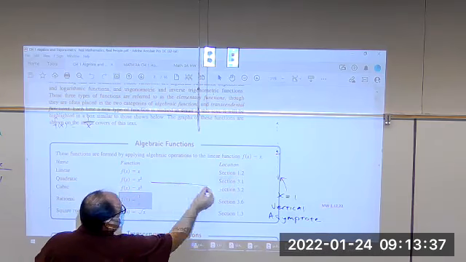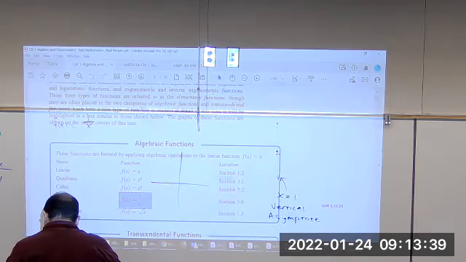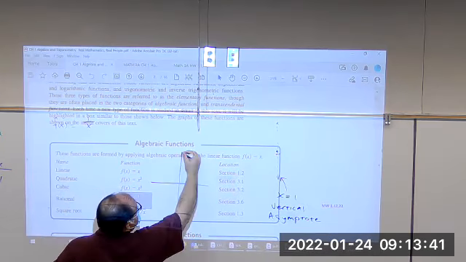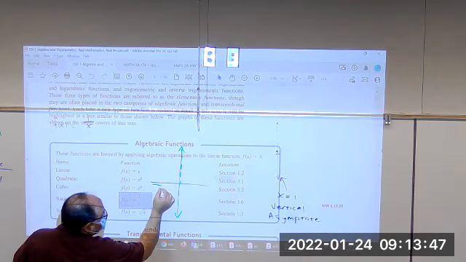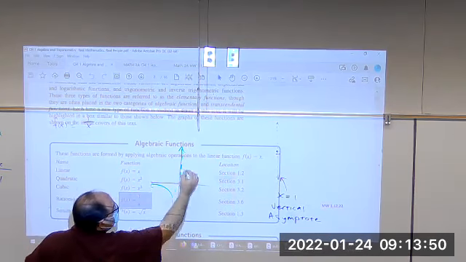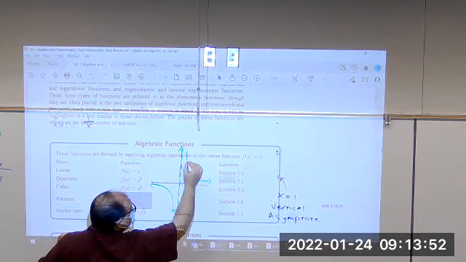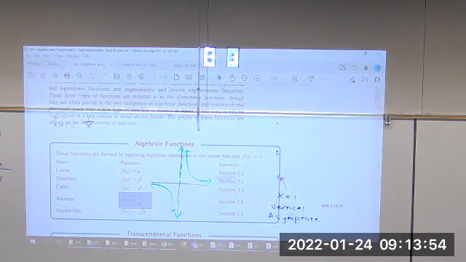You can't plug in 0. And the graph looks like this on this side, and over here it looks like that. You can't plug in 0.